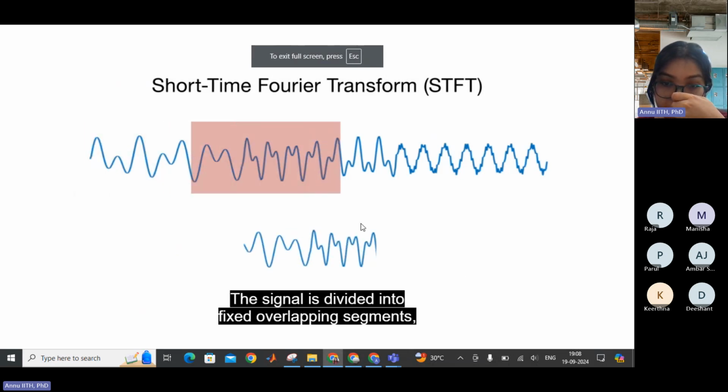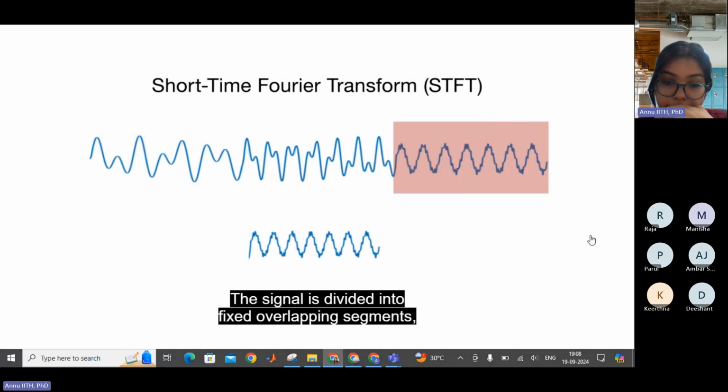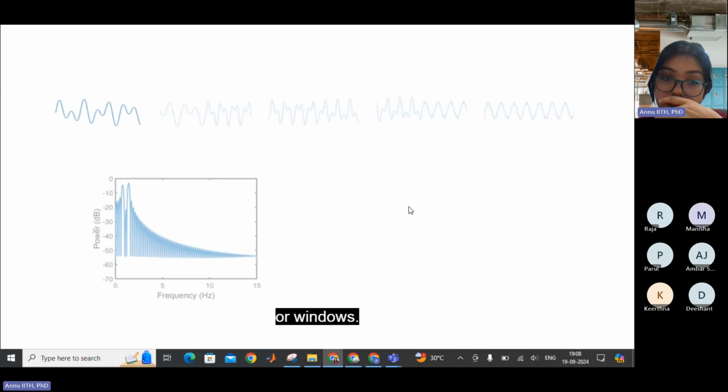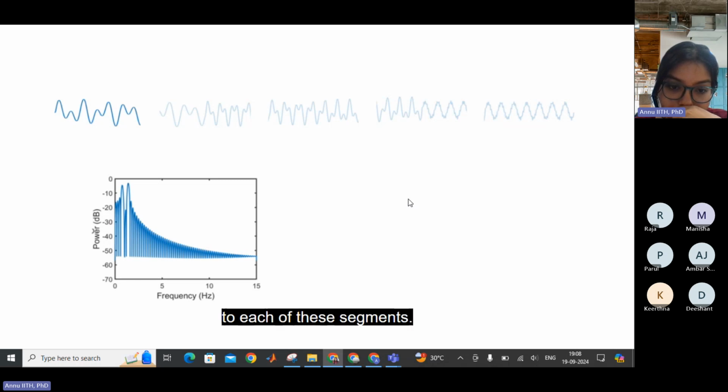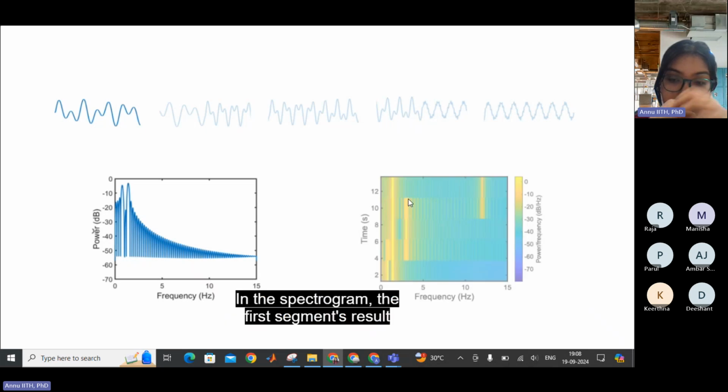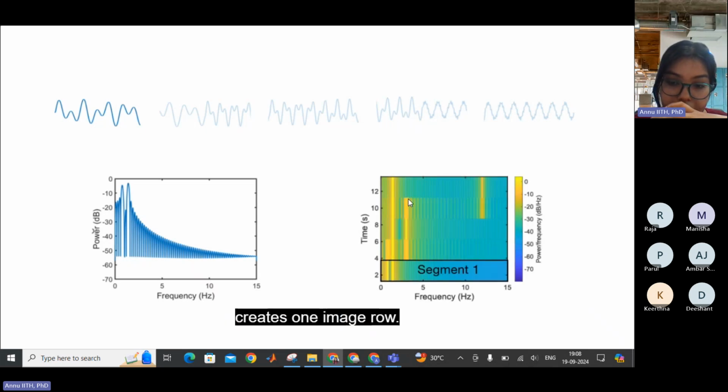The signal is divided into fixed overlapping segments, or windows. A Fourier transform is then applied to each of these segments. The signal is first divided into overlapping windows, and the Fourier transform is applied over each one. In the spectrogram, the first segment's result creates one image row.